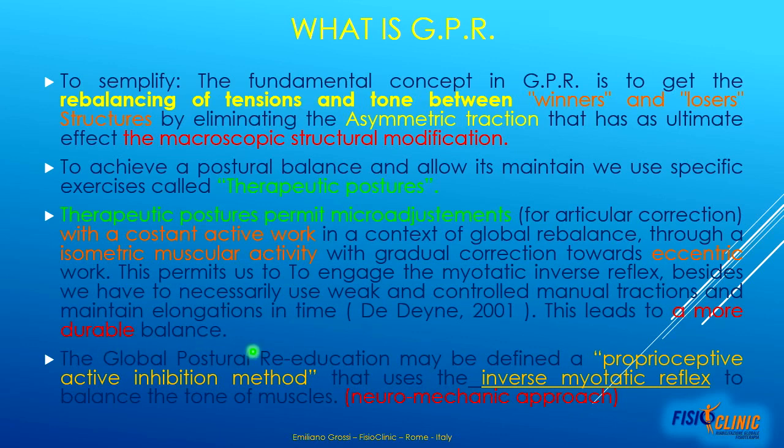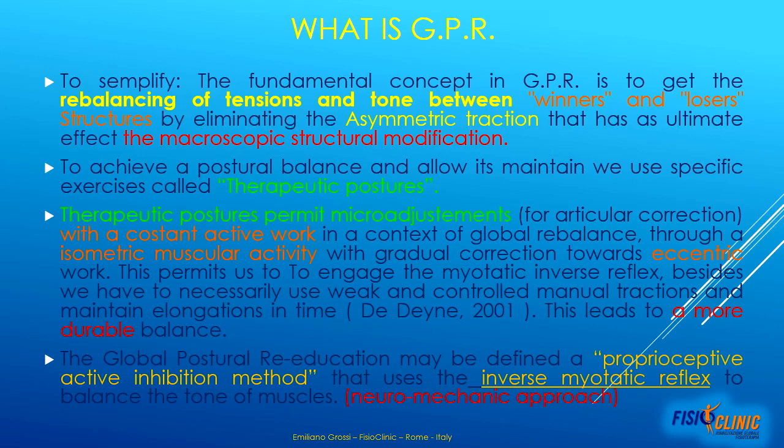So global postural reeducation has also been defined as a proprioceptive active method that uses some instruments, for example, the inverse myotatic reflex that we'll see also later. So when people ask me if G.P.R is a more orthopedic method, more a neurologic or neuromuscular method, I like to say that it's a neuromechanic approach.